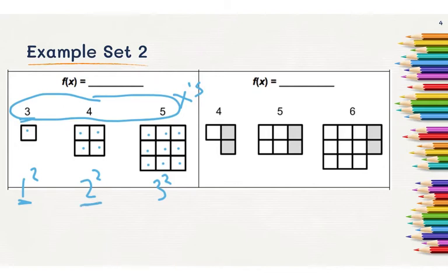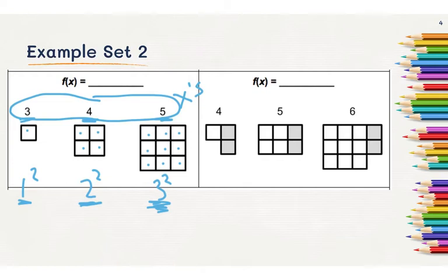2 squared is 4, but 2 itself, right, if I was to replace this with x, it's not x. X is 4, it's not 2. All right, and same with 3. Here, it's 3, but it doesn't match the x because the x is 5.